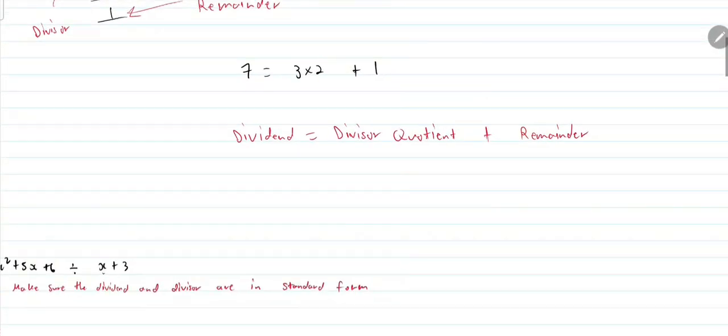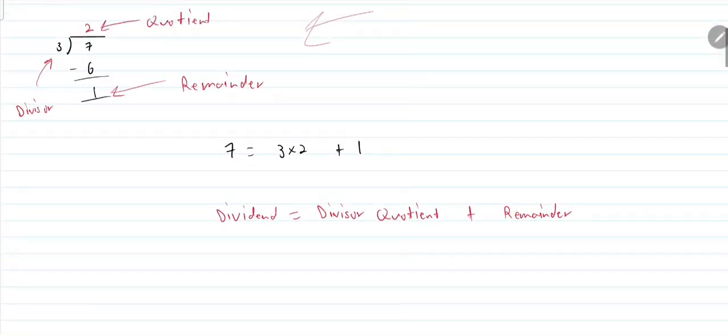Now I'm going to use letters to represent the dividend, divisor, quotient, and remainder. I'm going to use F for the dividend, small d for the divisor, big Q for the quotient, and big R for the remainder. And I'm going to have F equals small d times Q plus R. Now let's say I divide both sides of this equation by the divisor, small d.